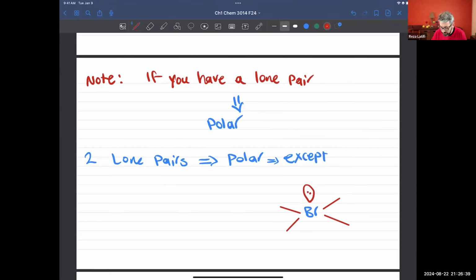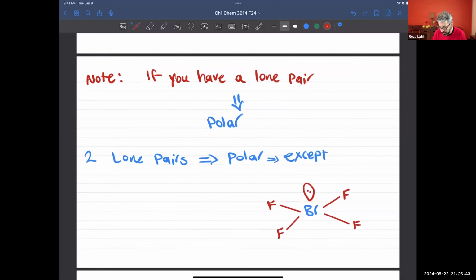Or we can use xenon tetrafluoride. I think that's going to be a better example. Xenon tetrafluoride. Because you have 2 lone pairs, those 2 lone pairs will cancel each other. So this molecule will be non-polar.